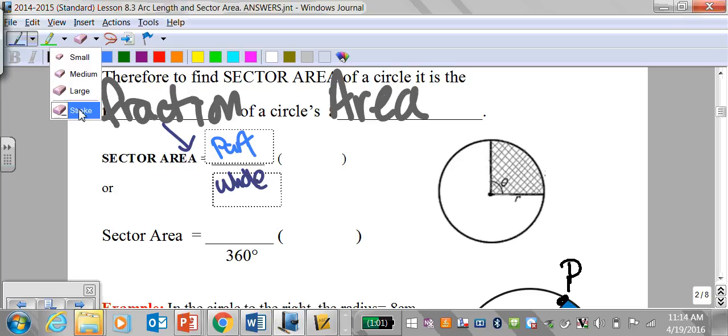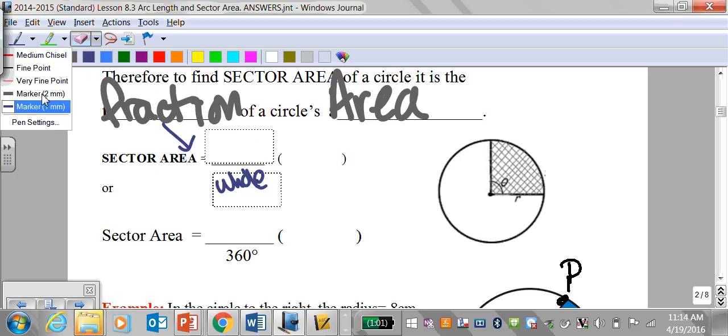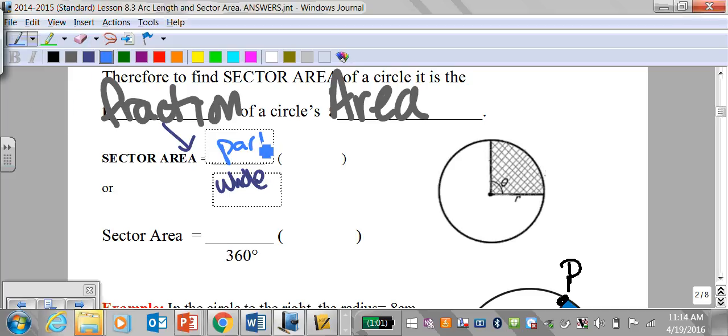Let's change that. It's okay. P-A-R-T. Got it? Area is just the area. Part over whole. Part, whole.